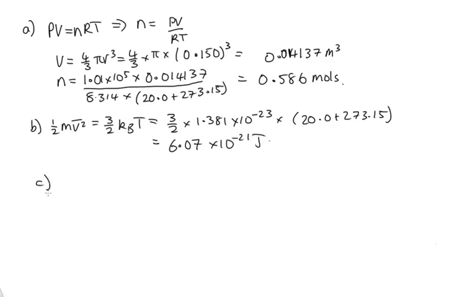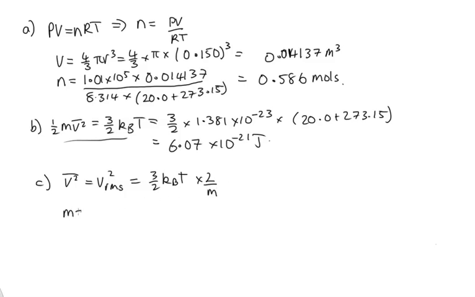Now part C asks, well, what's the RMS velocity of these helium atoms? So in order to do that, we need to use that the average velocity squared is equal to the RMS speed squared. And so from up here, we can see that vRMS squared will be 3 over 2 kBT times 2 and divided by m. So we're going to need to know the mass of helium.